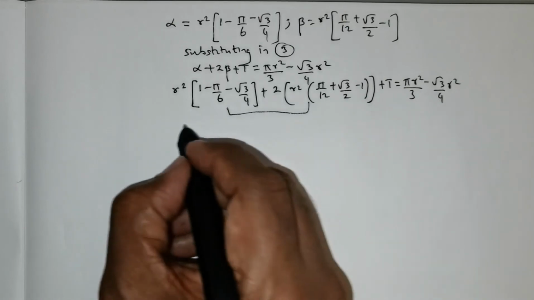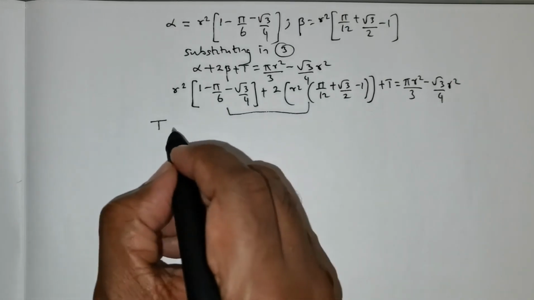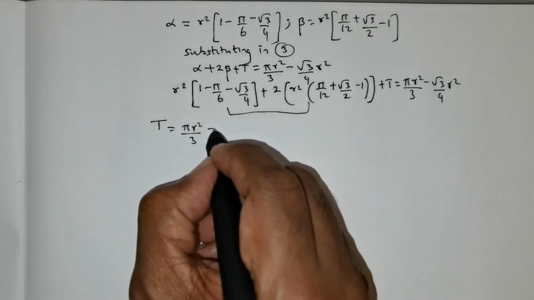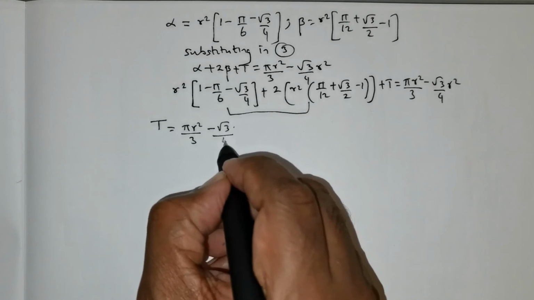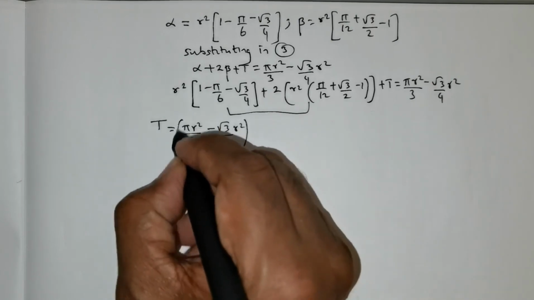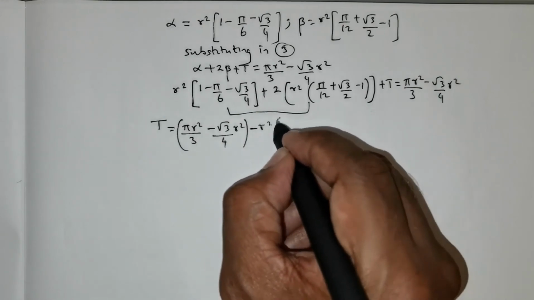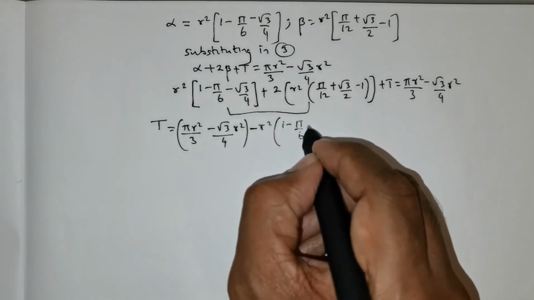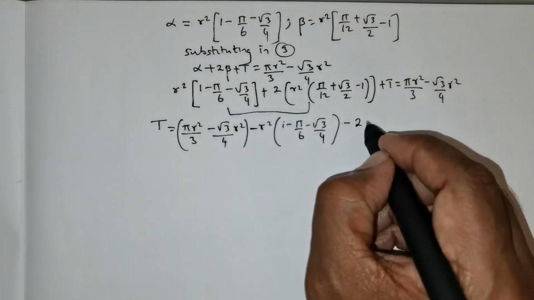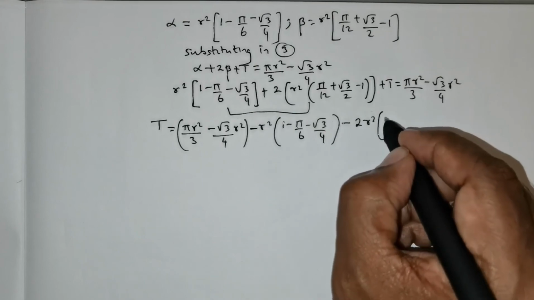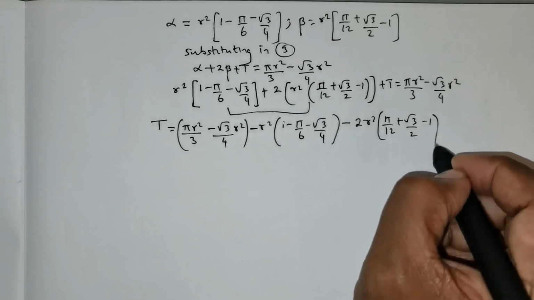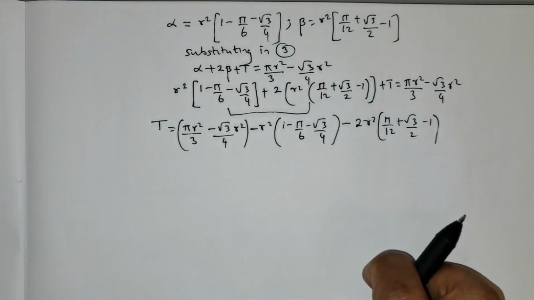Let us move all these quantities to the right, keeping only t alone. So t will be equal to pi r squared over 3 negative root 3 over 4 times r squared, and this is going to be negative r squared of 1 negative pi over 6 negative root 3 over 4 negative 2 times r squared of pi over 12 positive root 3 over 2 negative 1.